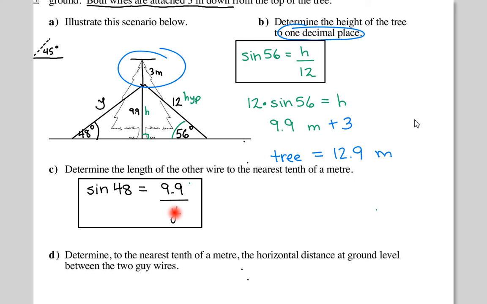And here the unknown is in the bottom. So to solve the one we're doing right now, the y in the sine 48 will cross multiply switch, I call it. So this time the solution is a little bit different. You can't just slide the number up over and times. You actually have to do a divide. Okay?